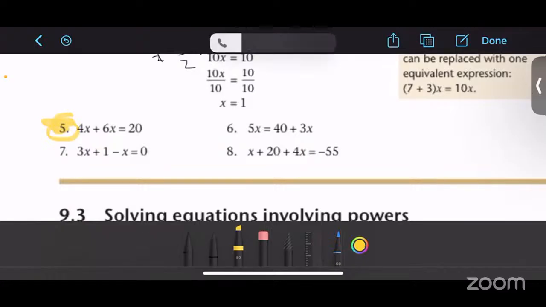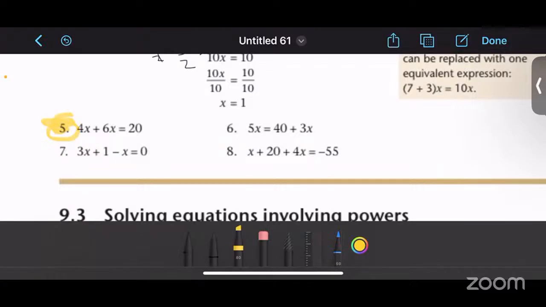Okay, so here the first thing that you're going to do, we don't want a 20, but we want to solve for x, right? So the first thing that we're going to do is to add the like terms. The like terms have the same variables, and the variable has the same exponent, right? So in this case, the ones which have the same variables are 4x and 6x.